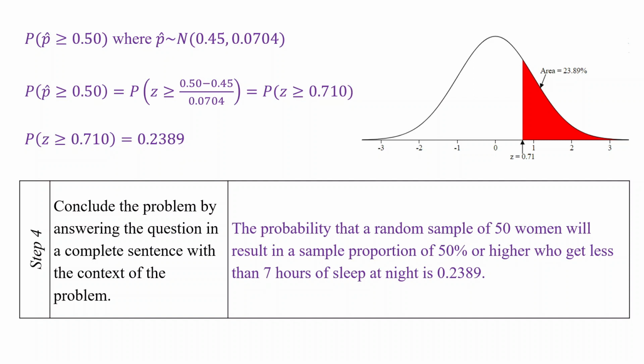Now, at this point, I always get the question, why the heck did we do that, right? Why do we care what the probability is that we get 50% or higher if our population is 45%? Well, as I've been saying, sampling distributions are the basis for inference. So when we get into Unit 6 and Unit 7, we do this, right?